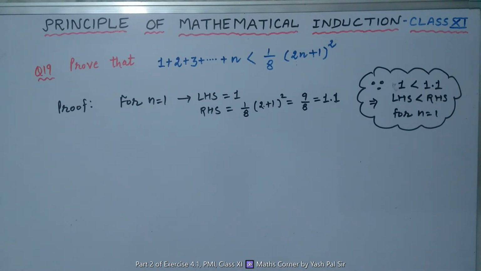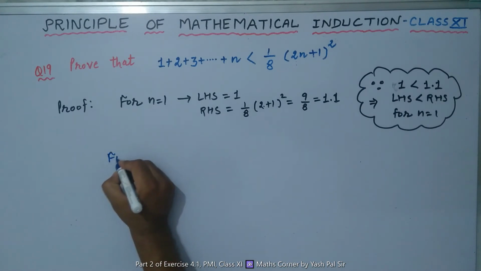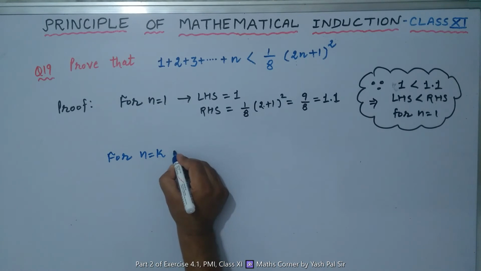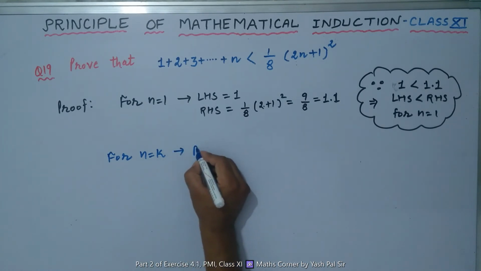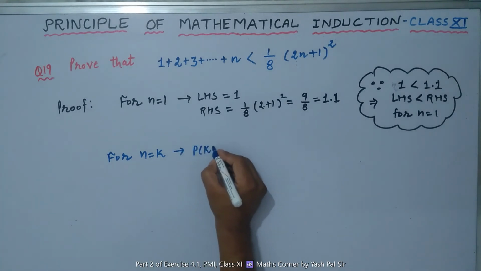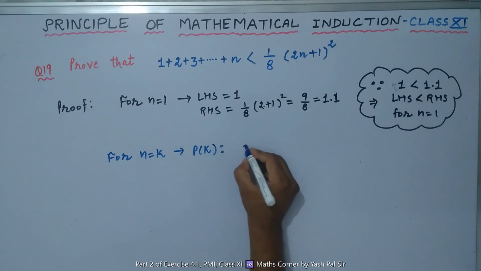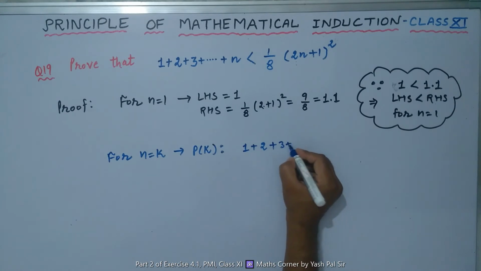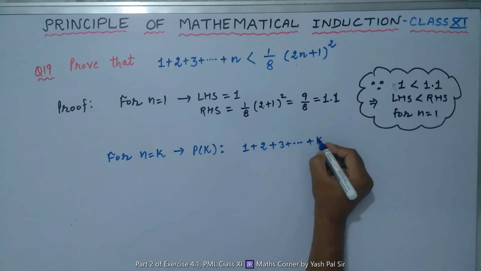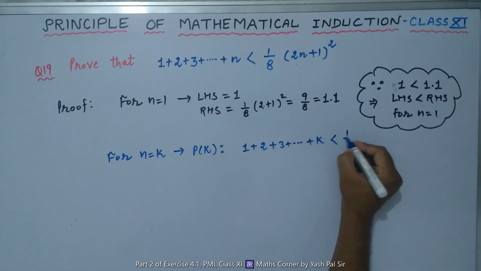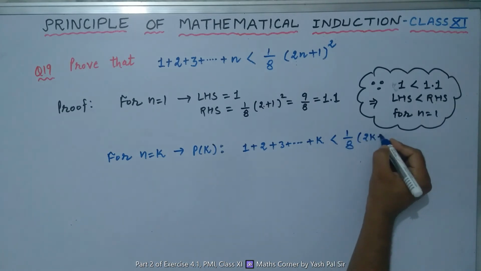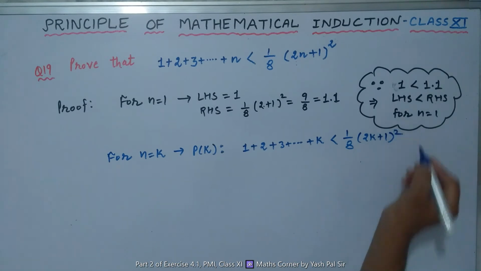Now suppose in the next step, for n is equal to k, what we suppose, the given statement becomes p of k: 1 plus 2 plus 3 plus so on up to k is less than 1 upon 8 into 2k plus 1 whole square.